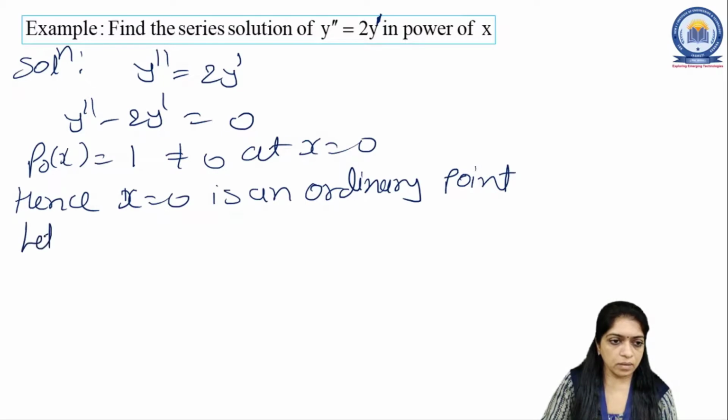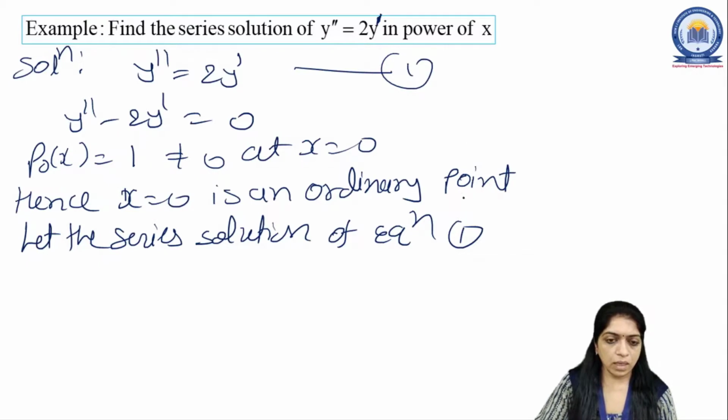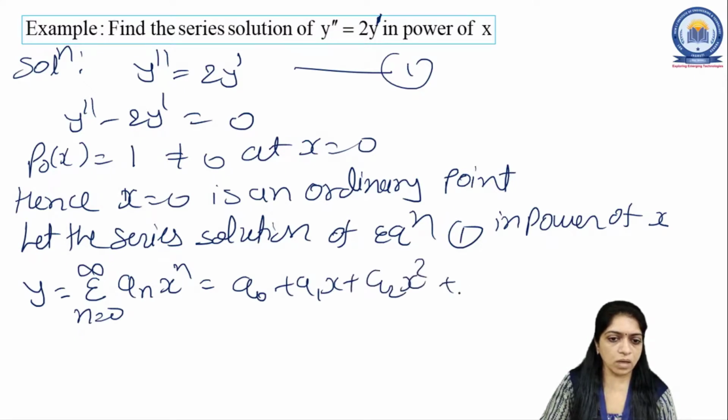Let the series solution of equation 1 in power of x, that is y equal to summation n 0 to infinity a n x raised to n, here a0 plus a1x plus a2x square up to so on. This is my equation 2.